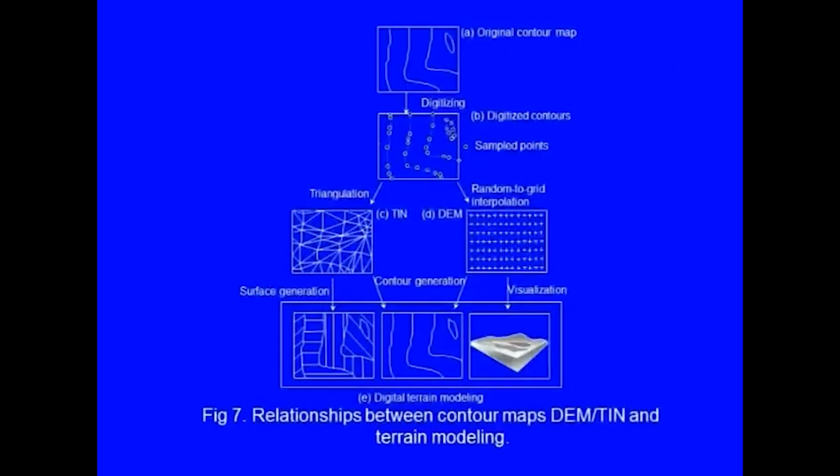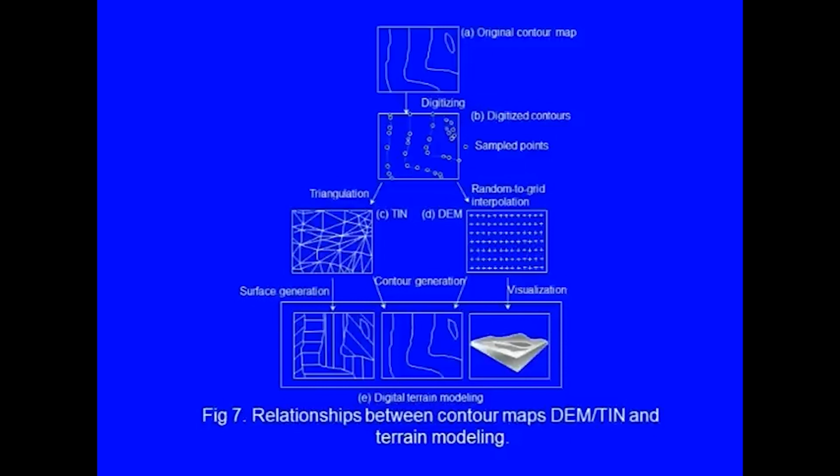In this particular figure, one can see the manner in which the data from a contour map is converted into a DEM. The original contour map is digitized, and here the digitized contours are done with the help of certain sample points which represent a change in the information.